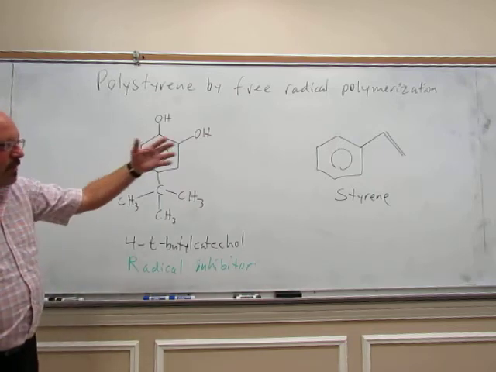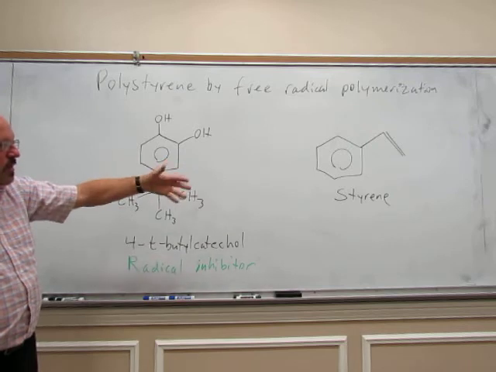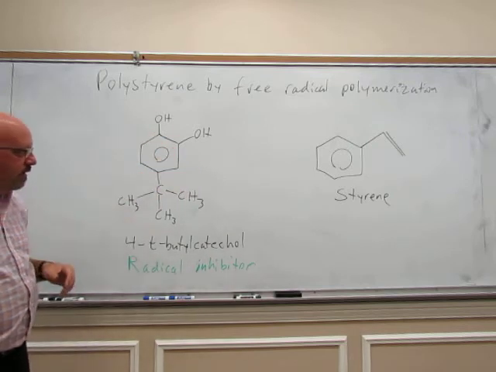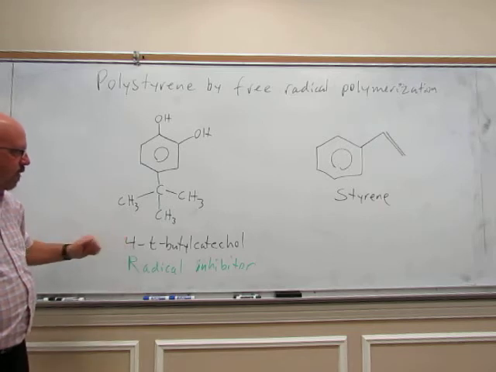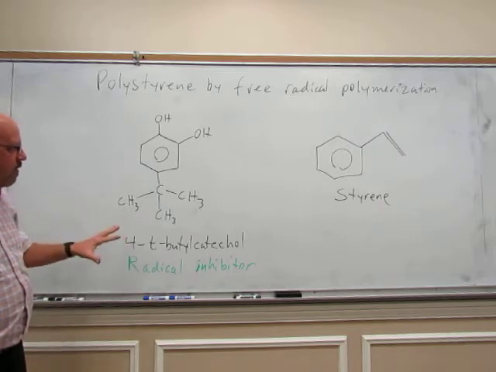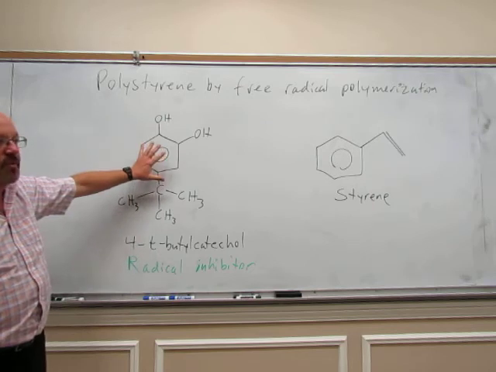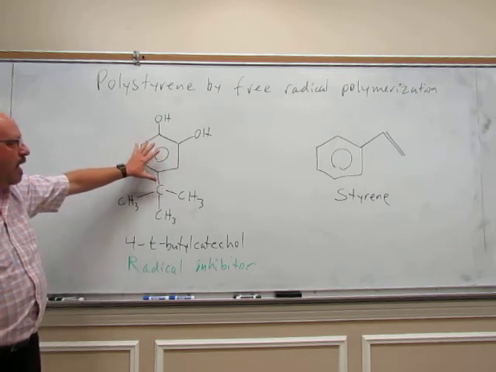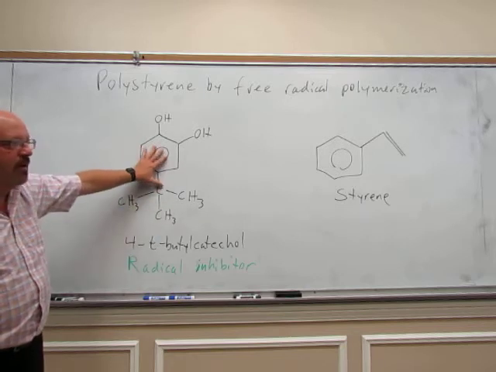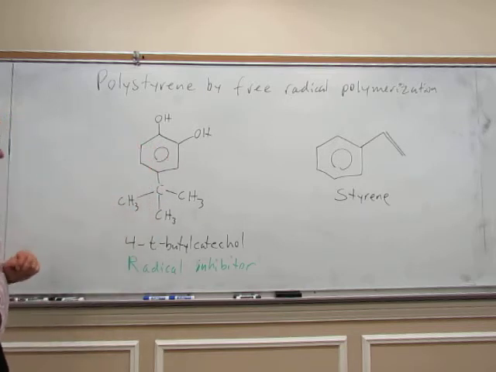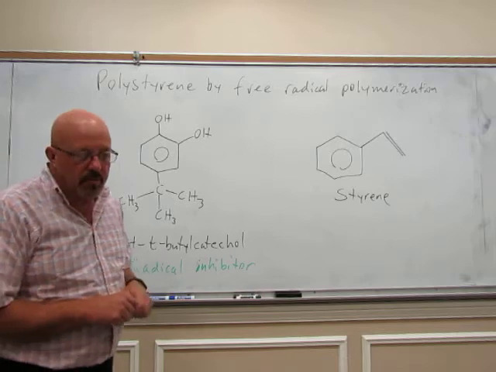So to keep it from polymerizing until it arrives, they put 4-tert-butyl catechol in there, a radical inhibitor. What this does is soak up radicals and not let those react with anything. It will form a very, very stable radical once it soaks up a radical.